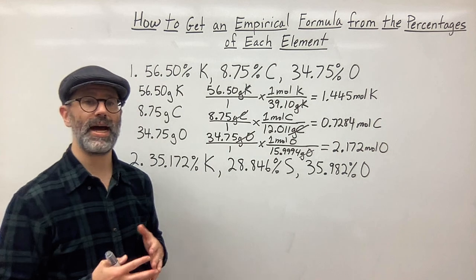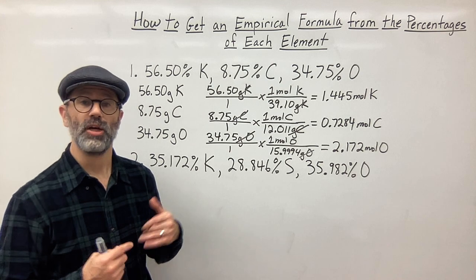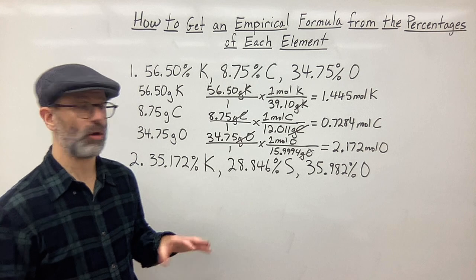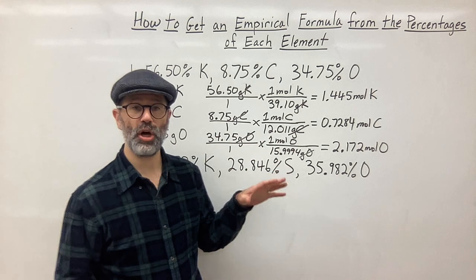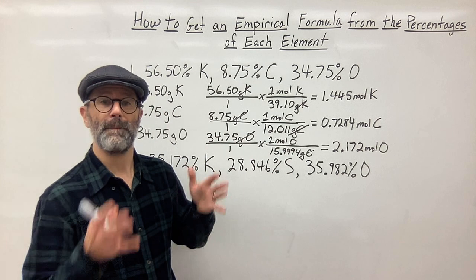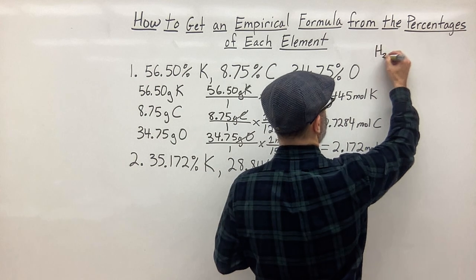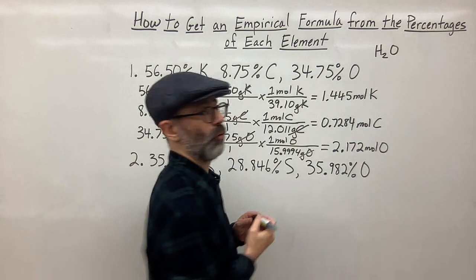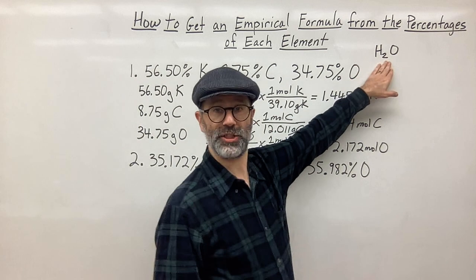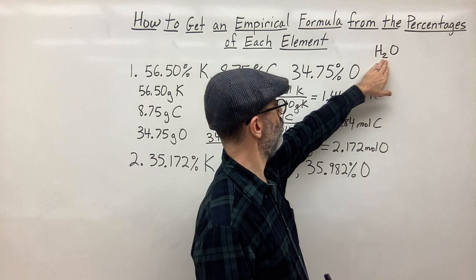Now that we have the moles, we need a mole ratio. So we're going to build a pseudo formula. As you know, the subscripts in your formula make up the mole ratio. For example, H2O is the formula for water. The subscripts give you the mole ratio between hydrogen and oxygen. We have a 2 and a 1.